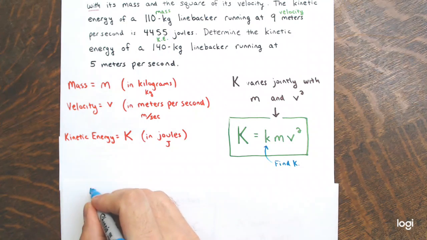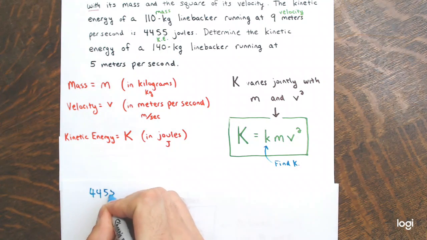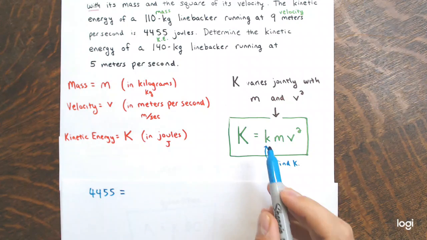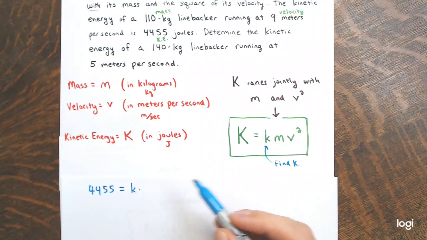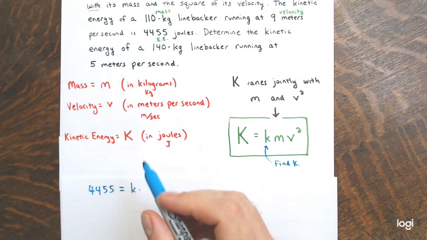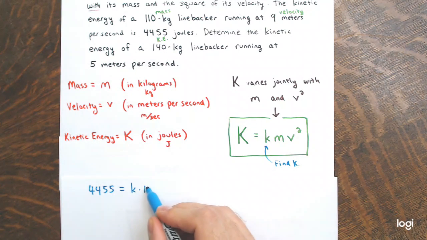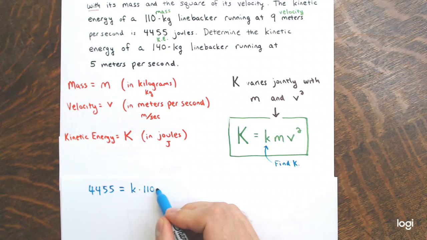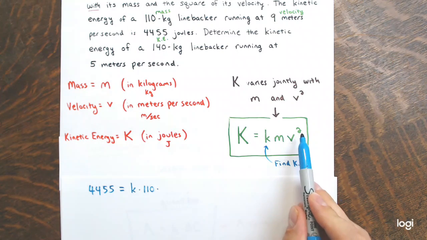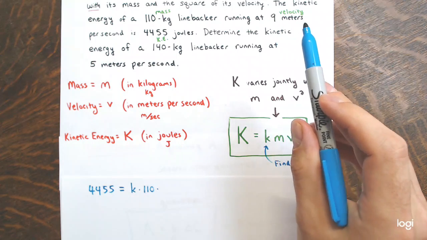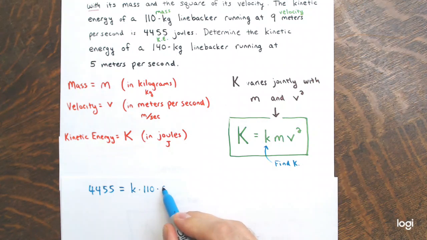So in this equation, 4,455 on the left equals the lowercase k, the constant of proportionality that I don't know yet, times the mass of this linebacker, 110 kilograms, and then times the velocity of this linebacker squared. So 9 meters per second squared, so times 9 squared.